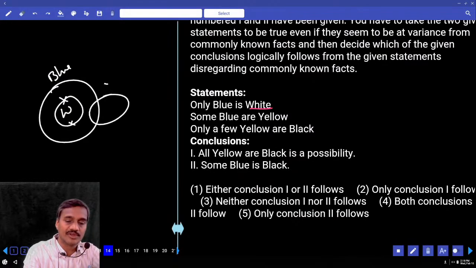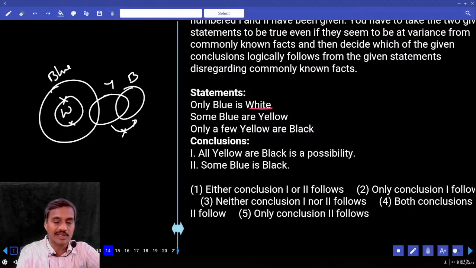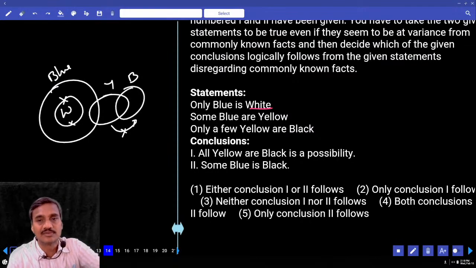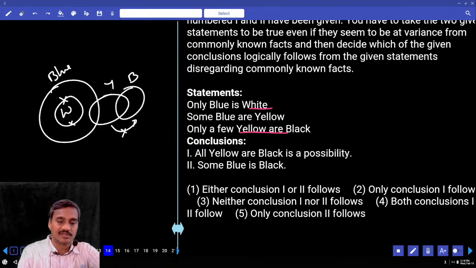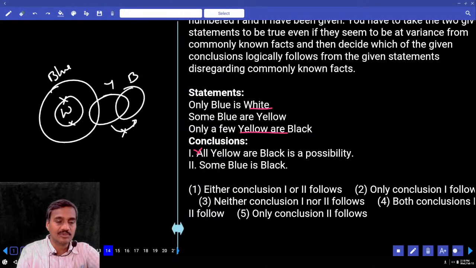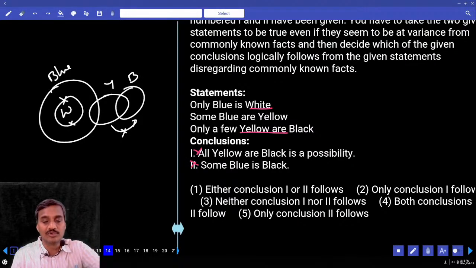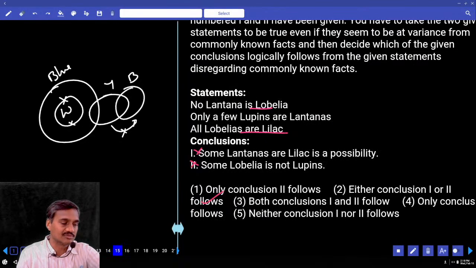Some blue is yellow, blue and yellow. And only some yellow is black, but not all. And first one, all yellow is black, is it possible? This entire yellow is black. Is it possible or not? No. Why is it no? Because only some yellow is black. It says only some, not all. Hence it is not possible. Some blue is black. Definite conclusion does not follow. Some blue can be black. Yes. And what is your answer? Neither one nor 2. Choice 3, question number 14.